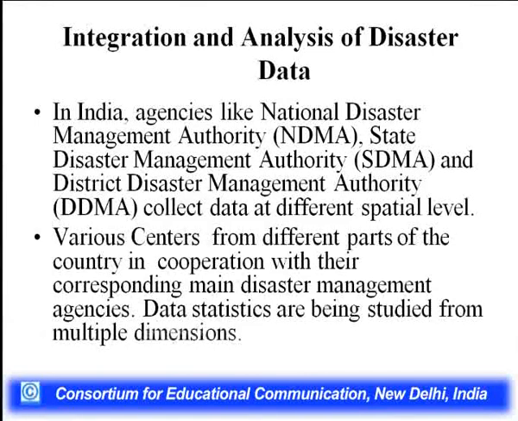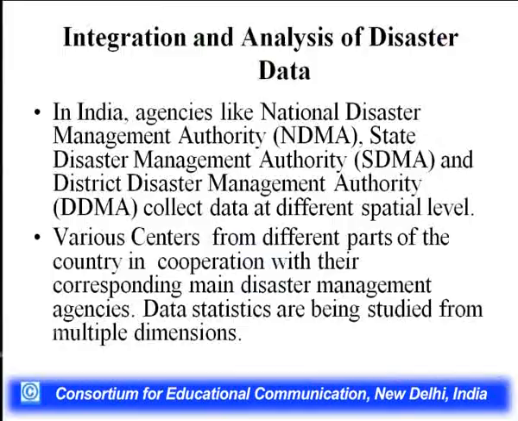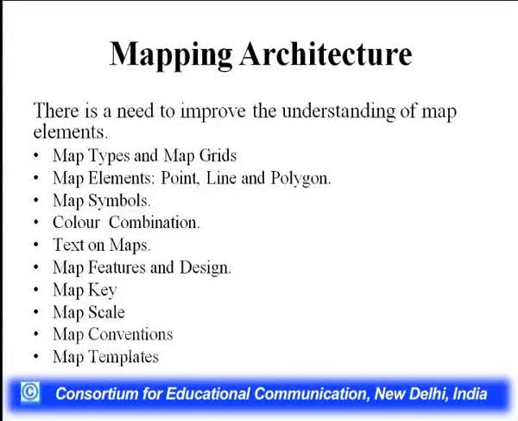Conventional, I would say census data, maybe population related data, economic activity related data, statistical handbook at the district level, and if you come to the micro level, even the Lal Kitab, Khasra Khatauni, these types of records can also give a lot of data. Various centers from different parts of the country, in cooperation with their corresponding district management agency, are also generating data, and statistics are studied in multiple dimensions.